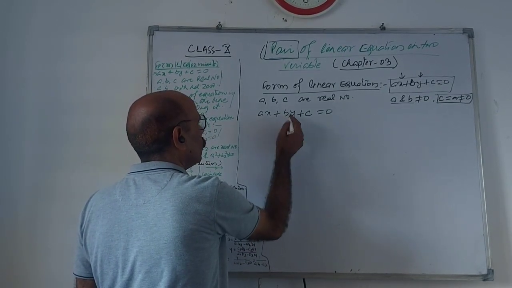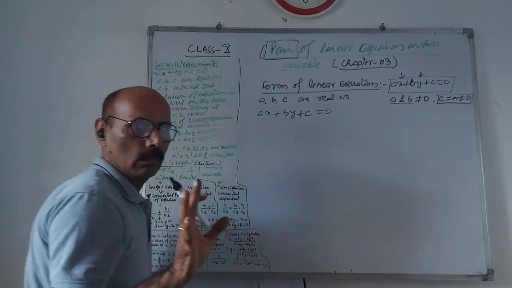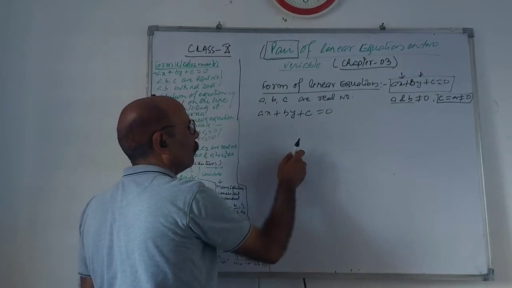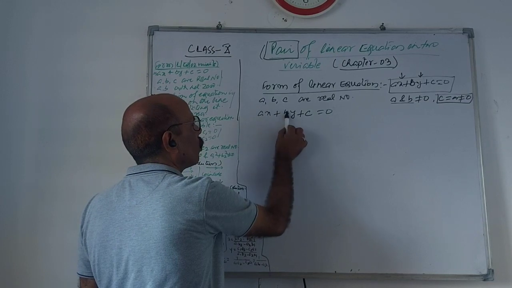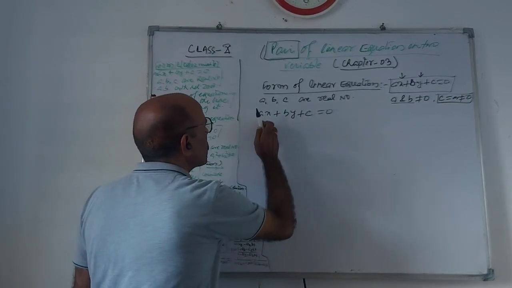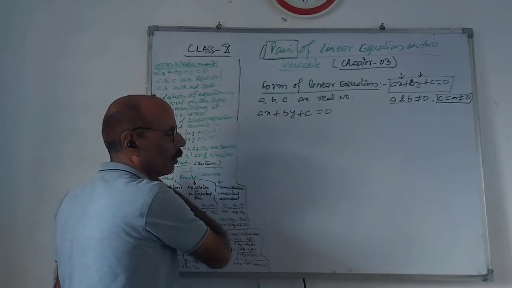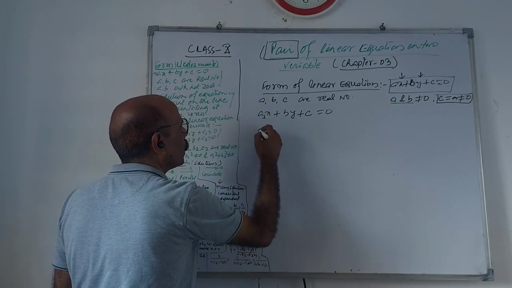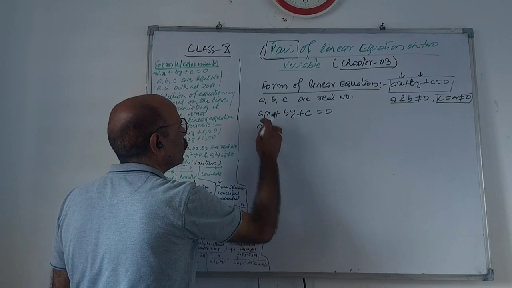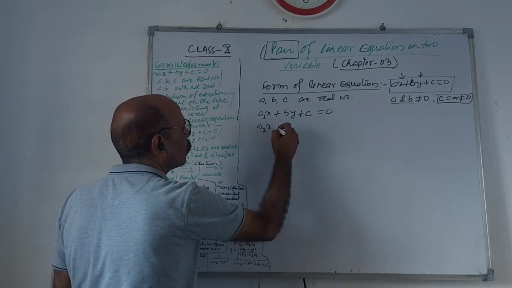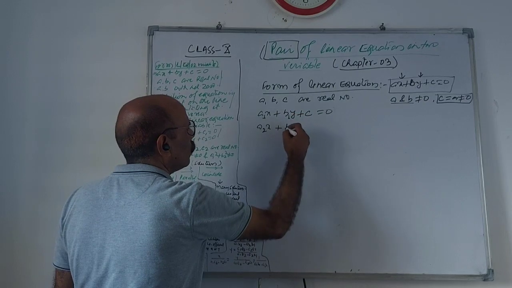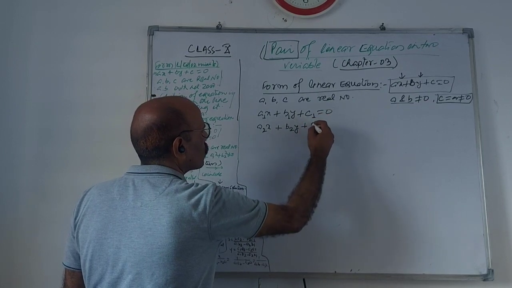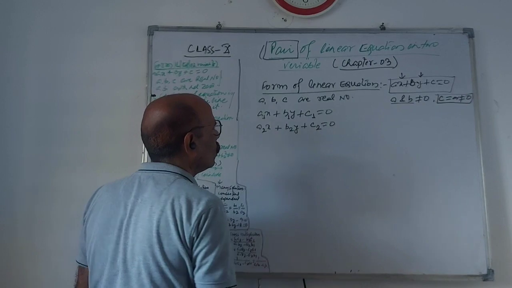In both equations, x is the same and y is the same, but the coefficients and constants will be different: a1 in the first and a2 in the other, b1 in the first and b2 in the other, and c1 and c2 is equal to 0.